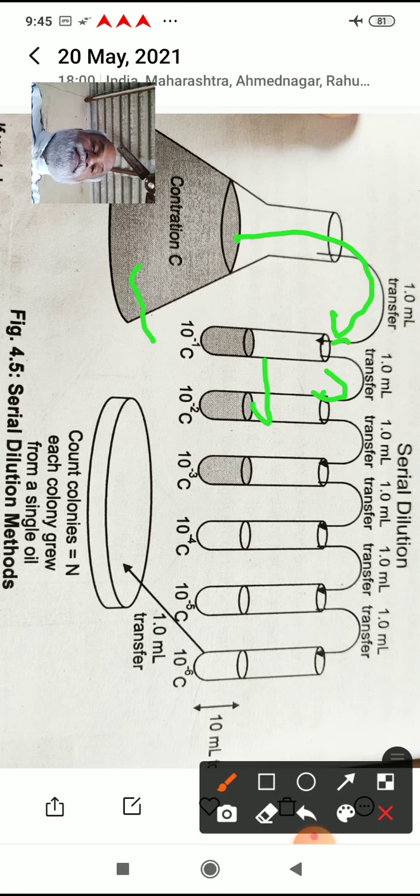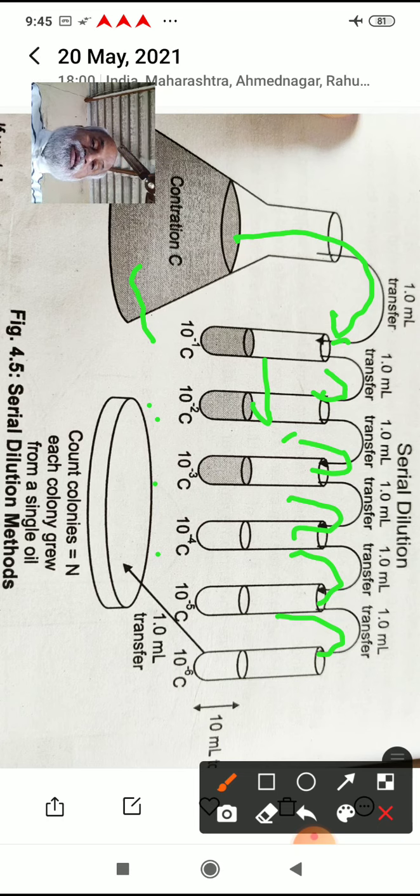Like this you have to do the transfer, and accordingly we get the dilutions. So the first dilution will be 10 raised to minus 1, second 10 raised to minus 2, 100 times, 1000 times, 10,000 times, like that the dilution will be.